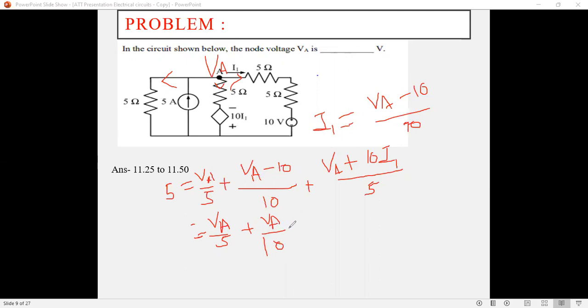So VA divided by 10 minus 10 divided by 10 is nothing but 1, plus put the value of I1. So it becomes VA divided by 5 plus 10 in bracket VA minus 10, VA minus 10 divided by 10.